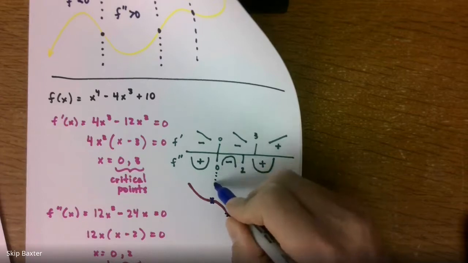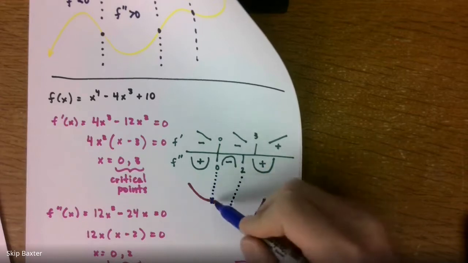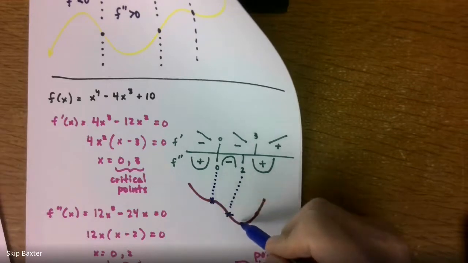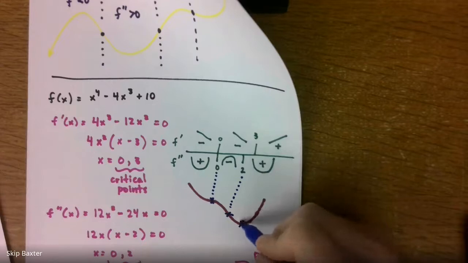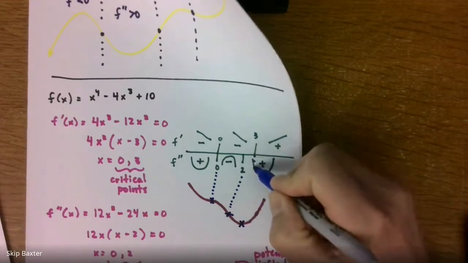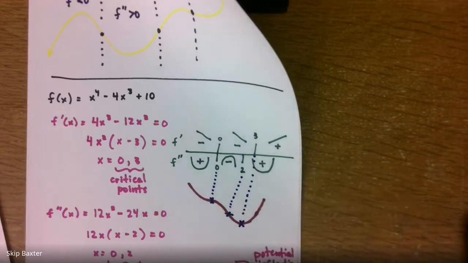Okay, so that's that point. That's that point where it changes from concave down to concave up, right? And then this low spot corresponds to 3, where it goes from decreasing to increasing. Okay, so all the points are accounted for in this function.